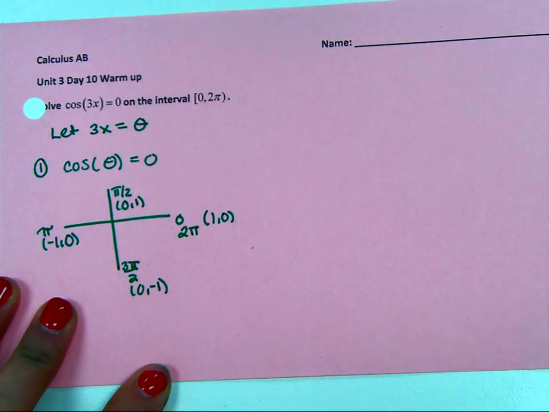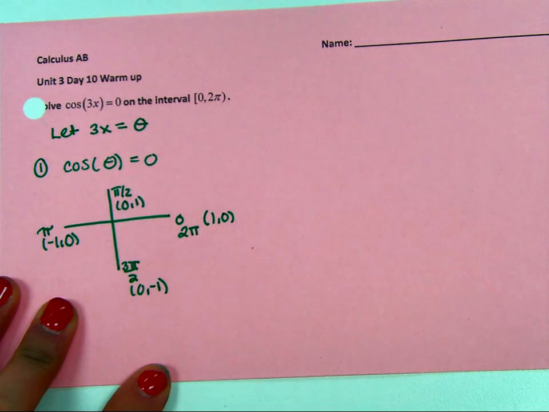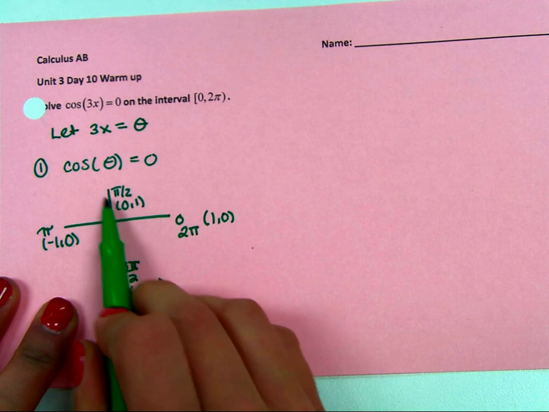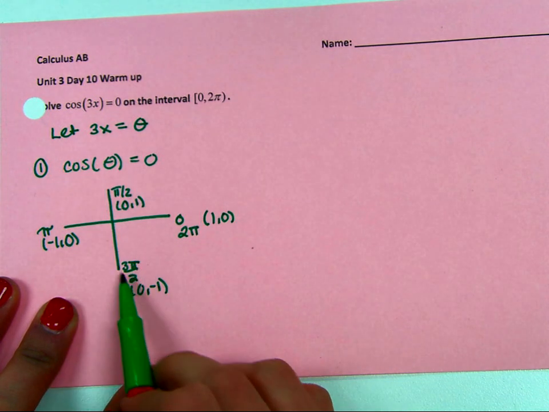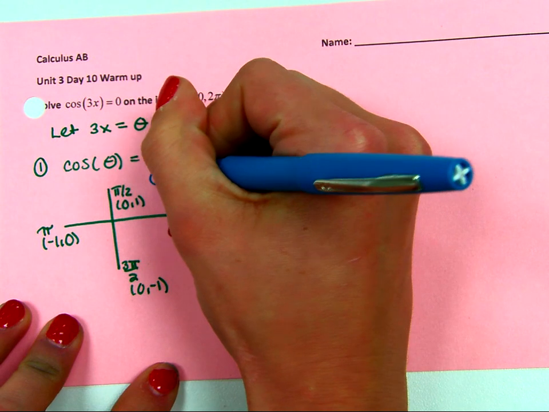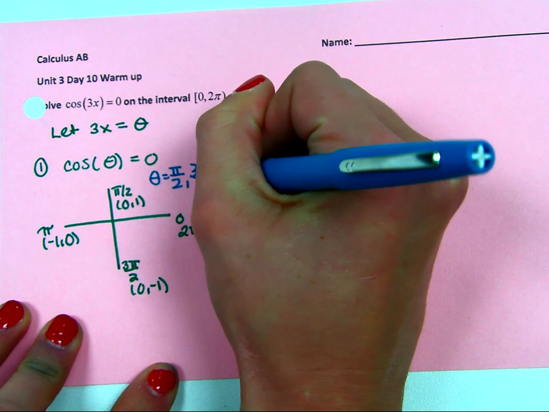Remember, if we're trying to figure out where the cosine value is 0, that's where your x value is 0, which is at pi over 2 and also at 3 pi over 2. So if we were solving this equation for theta, we would get that theta is pi over 2 and 3 pi over 2.